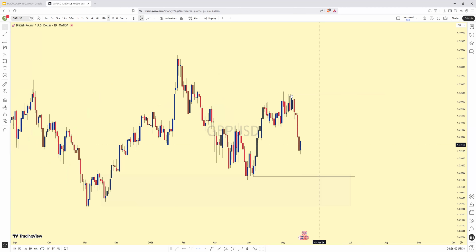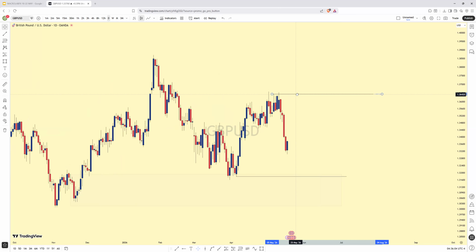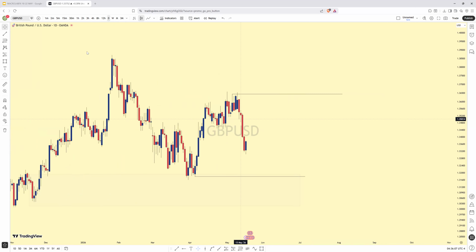So what should we expect for the week? For me, on the daily, I want to see Euro USD, Pound USD maybe just come to this high. Sorry, guys, my mouse. Come to this high.